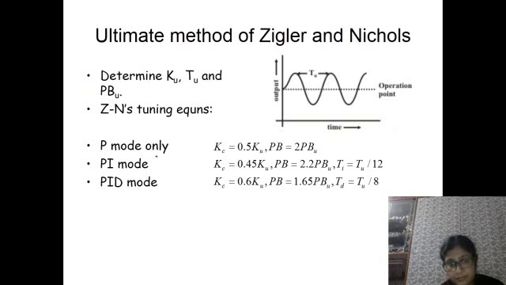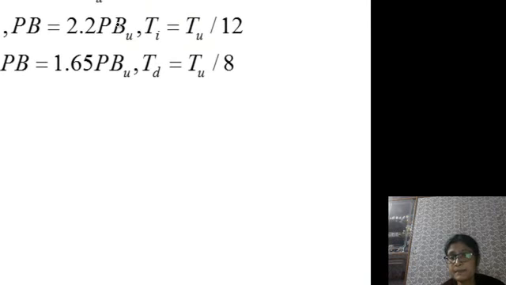For the other modes, during experimentation the proportional mode was set initially, then applying mathematical models, the researchers found that for PI mode, the gain is 0.45 of Ku, PB value is 2.2 Pbu, and the integral time is Tu by 1.2.